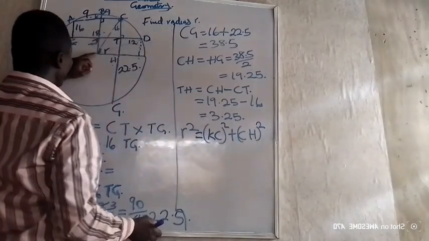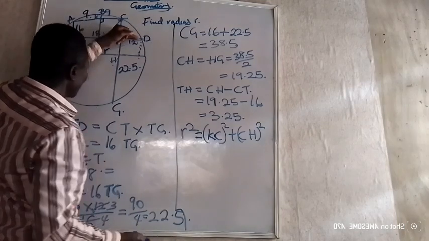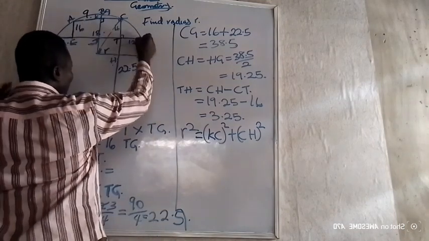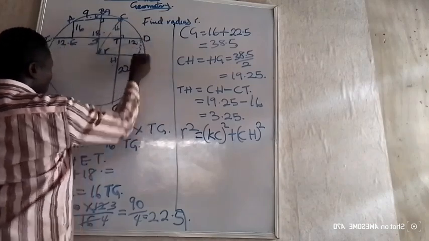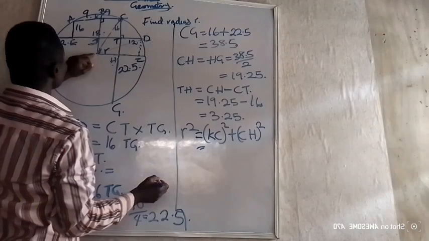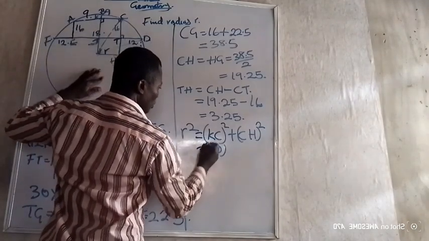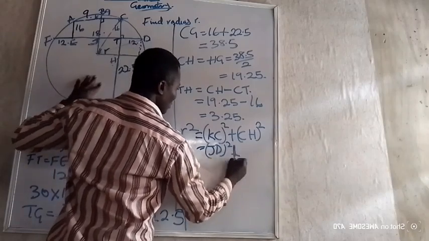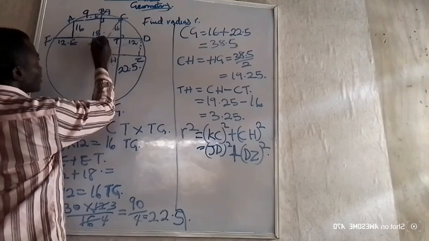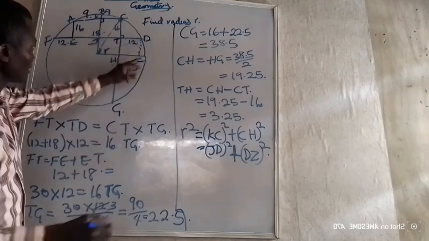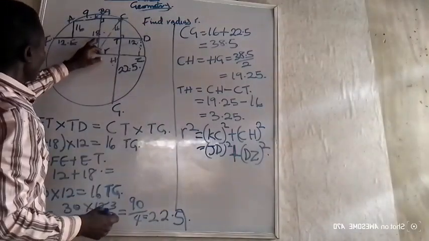We can also say it is equal to JD squared plus TH squared. Let's call this point Z, which will be equal to JD squared plus DZ squared. This place and this place.